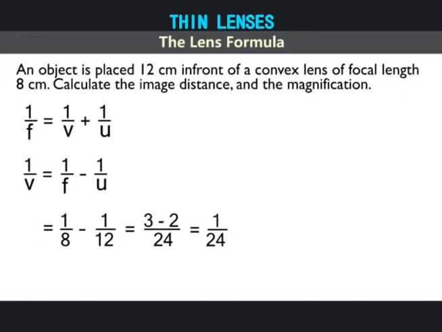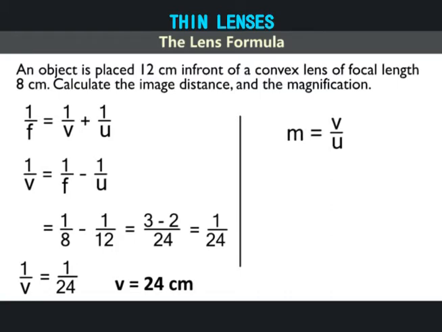So we have 1 over 24. And so 1 over v is equal to 1 over 24, meaning that v is equal to 24 centimeters. Magnification is given by v over u, that is 24 over 12, giving us 2.